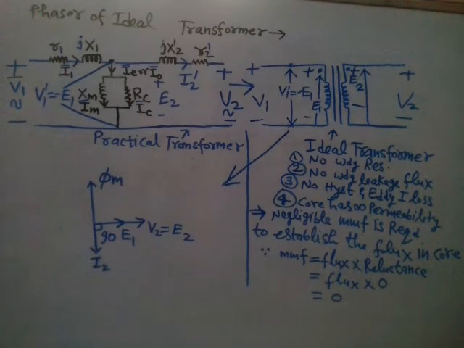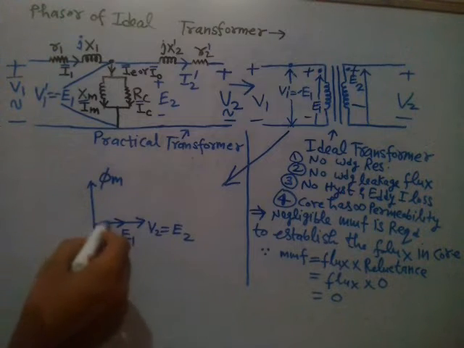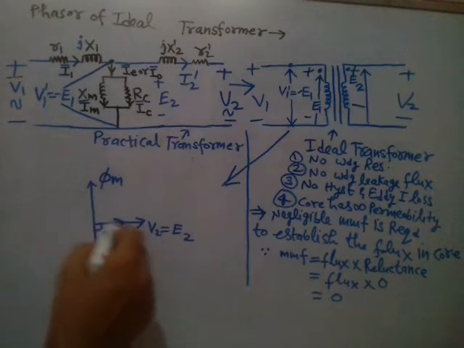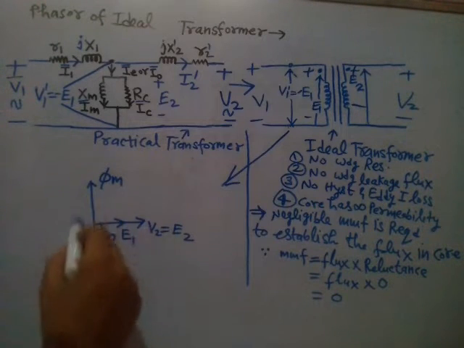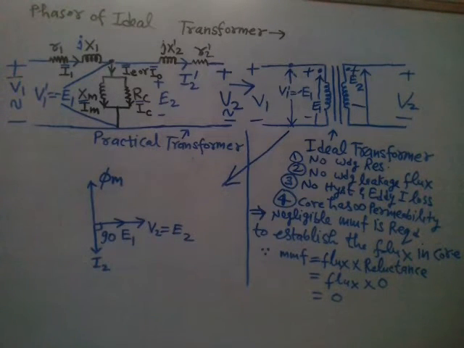So d phi by dt is the induced EMF. From flux you will get induced EMF. So induced EMF will be lagging flux by 90 degree, or you can say flux will be leading the induced EMF by 90 degree. You see this, right? 90 degree.